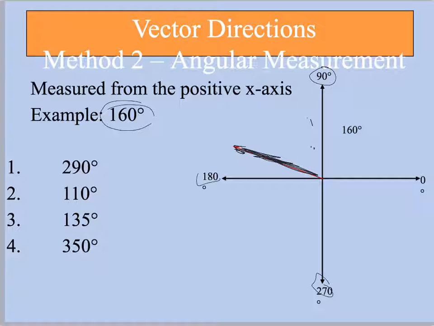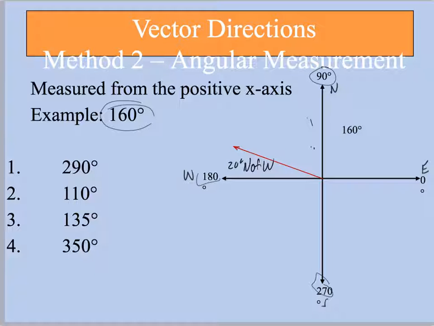Now, could you convert this to cardinal directions? You should be able to. If we were going to use cardinal directions, we would say that this is east, this is north, this is west, this is south, and we would say that this vector is 20 degrees, and I get that from 180 minus 160, north of west.